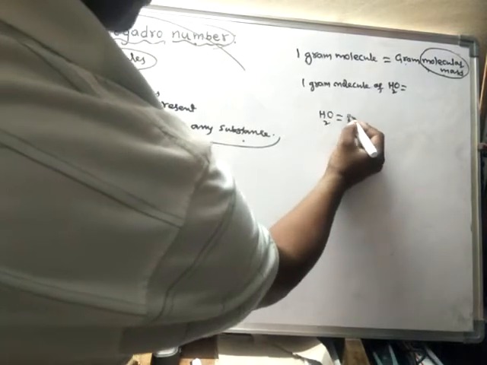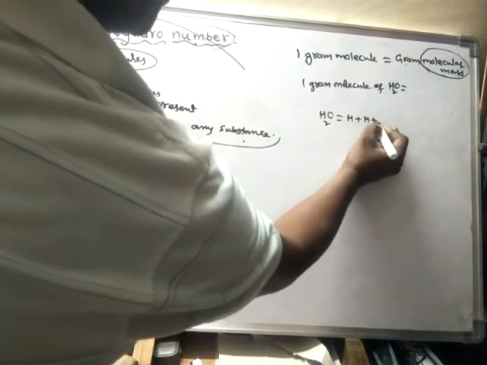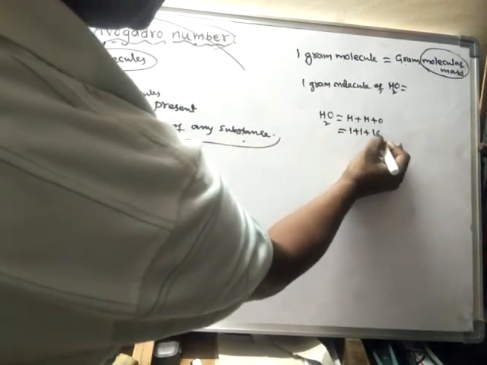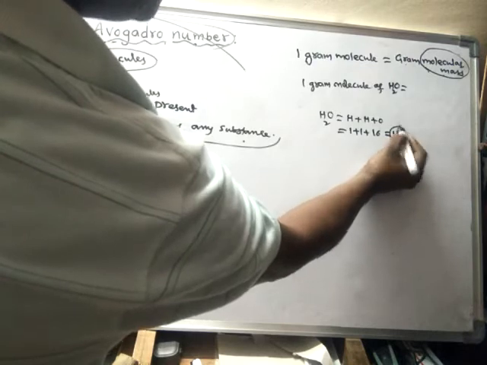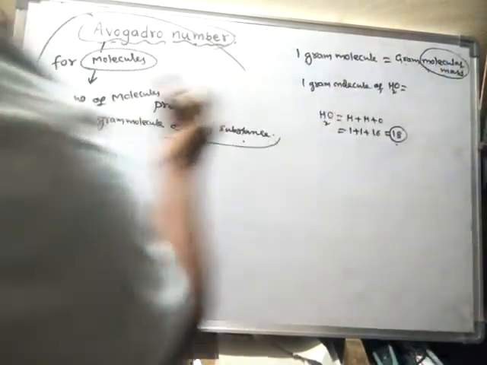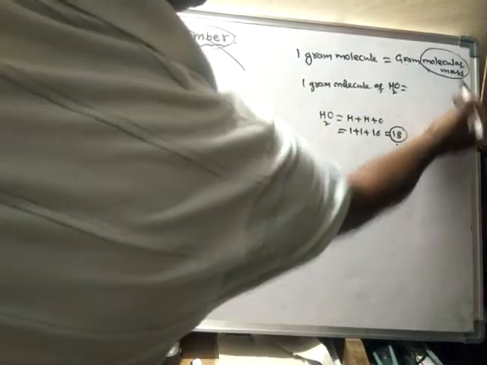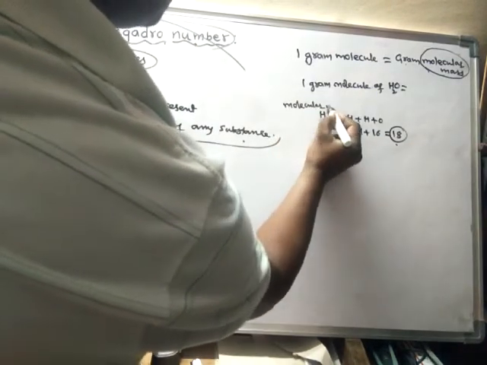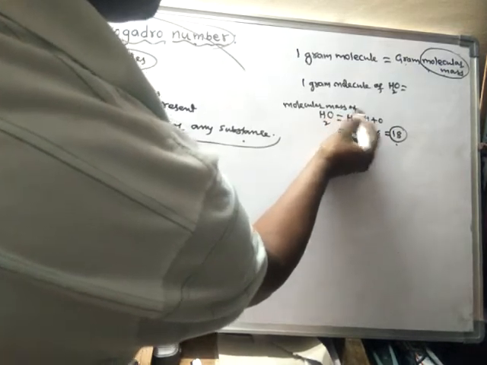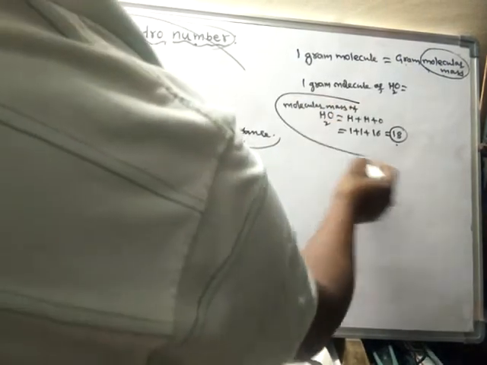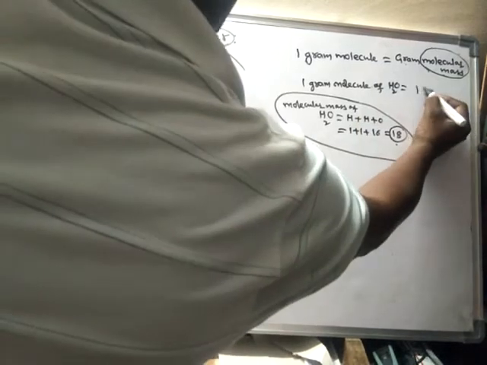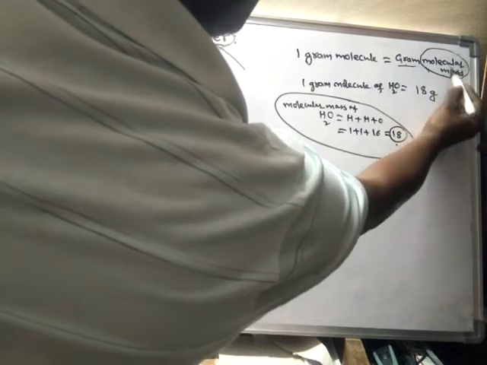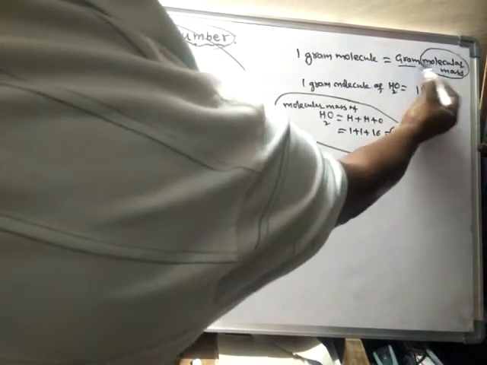If you add the atomic masses of all the atoms, then you will get the molecular mass. So 1 plus 1 plus 16, how much is it? 18. So 18 is the molecular mass of water. If I write 18 expressed in grams, then it will be gram molecular mass.